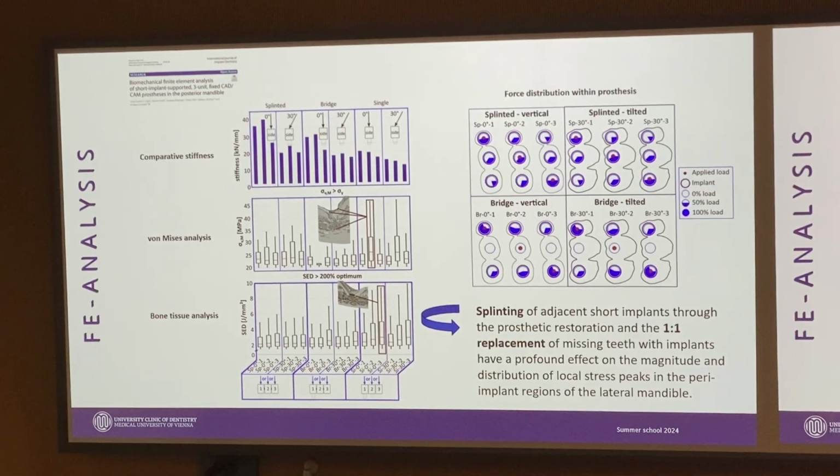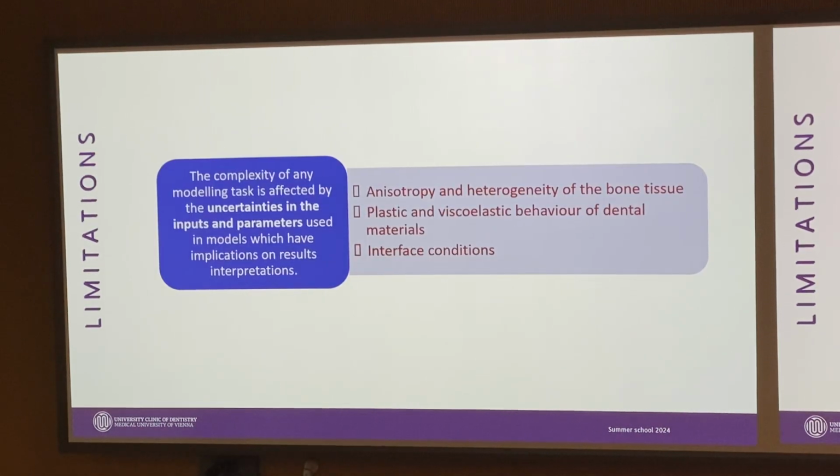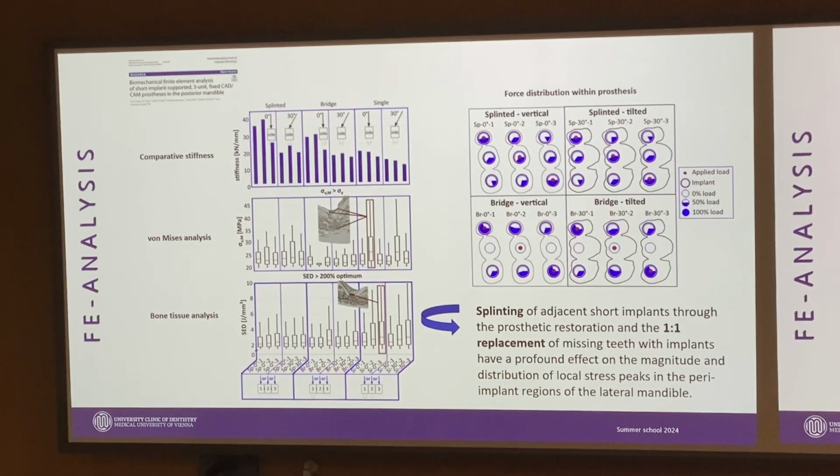So building on this foundation, we moved forward with in silico analysis to examine the biomechanical impact of the previously mentioned configurations. So here we calculated and compared the global stiffnesses, also local stresses within the bone, prosthesis and the implants to analyze the stress distribution, and also calculated strain energy density to understand the physiological energies within the bone tissue.